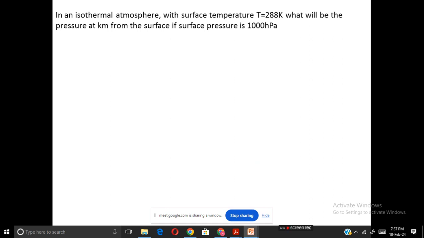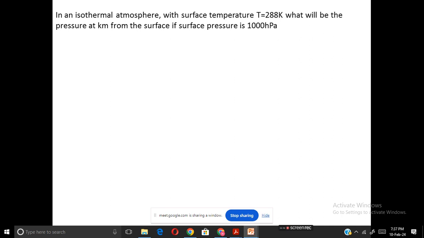So the next question: suppose in an isothermal atmosphere with surface temperature T equal to 288 Kelvin, what will be the pressure at 2 kilometer from the surface? I hadn't written the kilometer, so let me check the question.